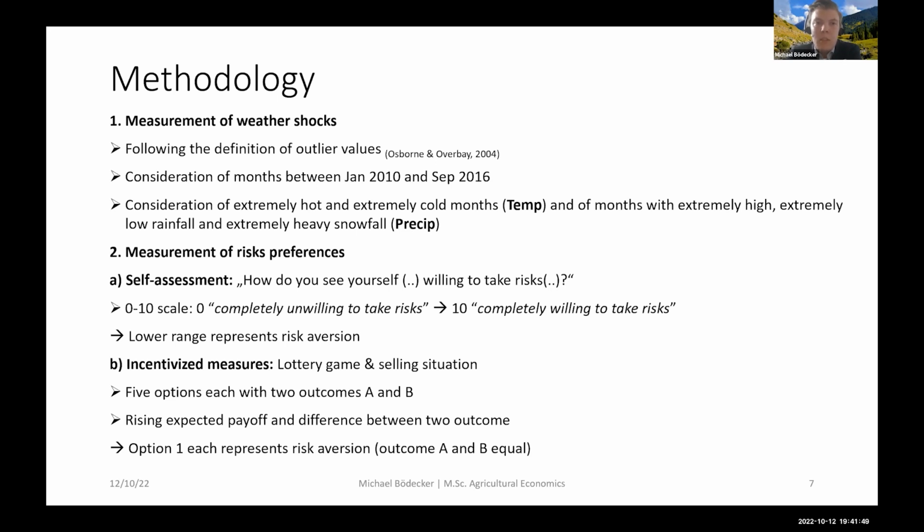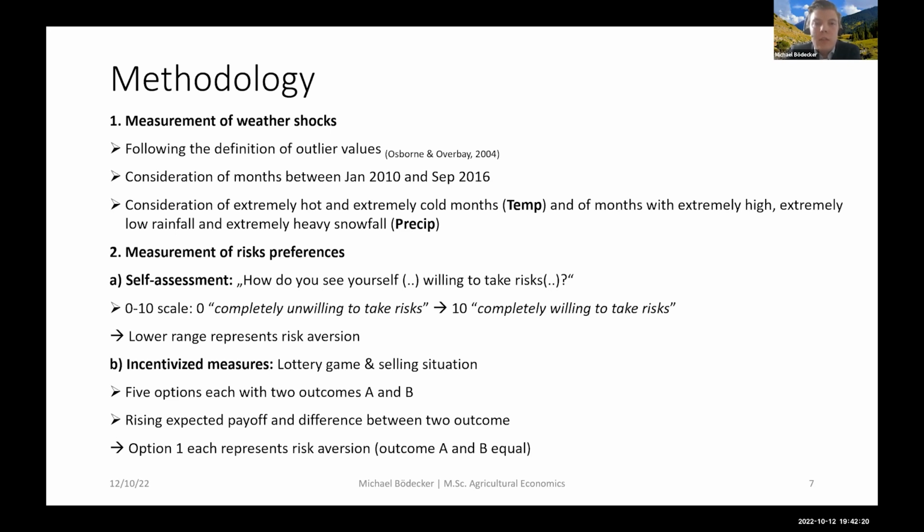I considered the dates from January 2010 until September 2016, because Life in Kyrgyzstan was only conducted at the end of the year in 2016. I only used this study wave, and compared it with the historical monthly data from 1990 till 2010. I considered extremely cold months and extremely hot months, based on temperature data and also on precipitation data.